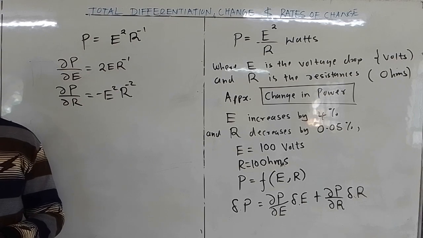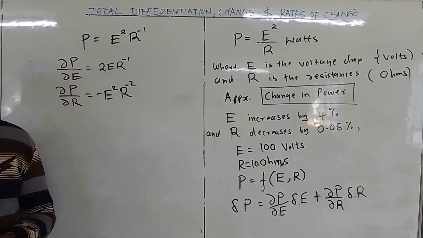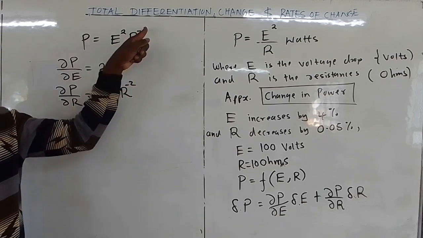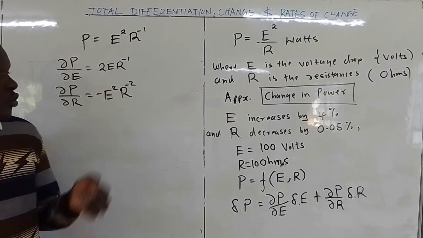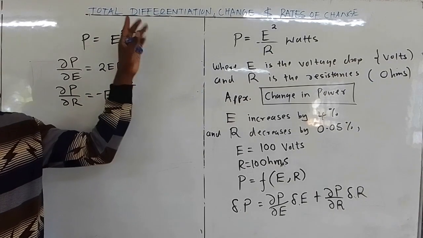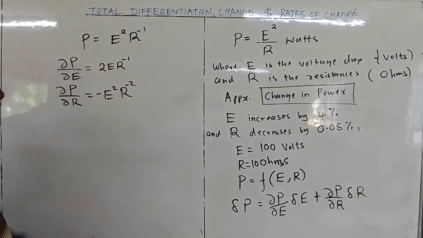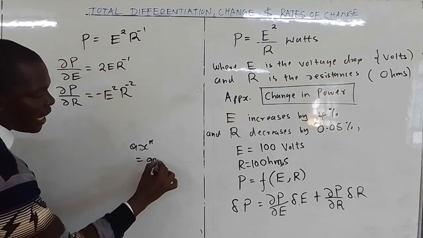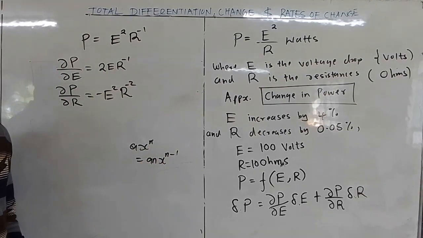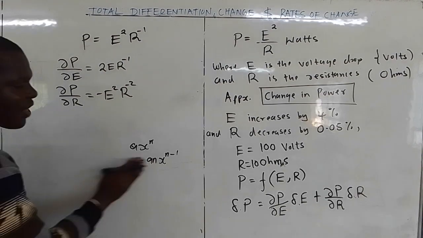Are you seeing that? Yes. That is where some people normally put 0, but you can see this is -1. If you reduce the power by 1, it becomes -2, isn't it? So you differentiated R raised to -1, meaning E was a constant. It is just like having ax raised to power n, times n, then you reduce the power by 1. Power rule, isn't it? Are we together?